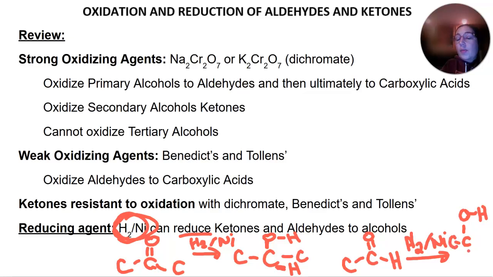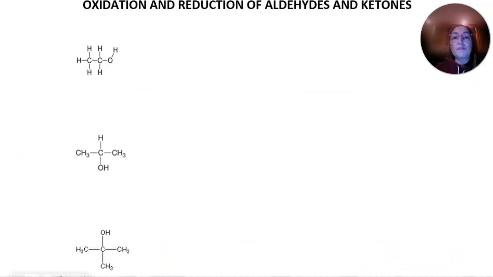Our carbon will still have a bond to carbon, and it'll have one bond to hydrogen like it did before, but it'll have one more bond to hydrogen. So again, we have more bonds to hydrogen in reduction and fewer bonds to oxygen when we're using that reducing agent.